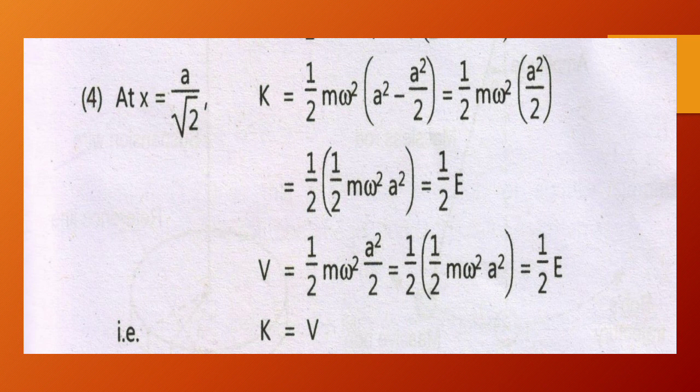Now rearranging this equation, we get 1/2 into 1/2 m omega square a square, but 1/2 m omega square a square is equal to total energy. Therefore the kinetic energy is equal to 1/2 E. Also potential energy is equal to 1/2 m omega square a square by 2, equal to 1/2 E. So from these two equations, we see that kinetic energy is equal to potential energy.